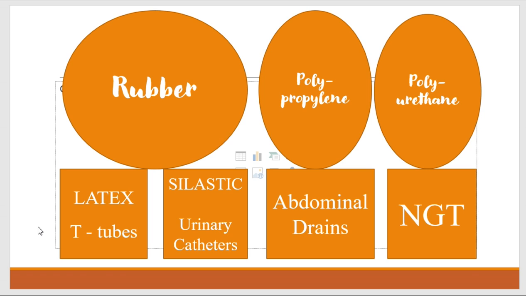In the second group, the polypropylene group, most of the abdominal drains we are using are usually made up of polypropylene. And polyurethane: the nasogastric tubes or Ryle's tubes. Yes, these are usually used for draining the stomach, and that is made up of polyurethane, right?